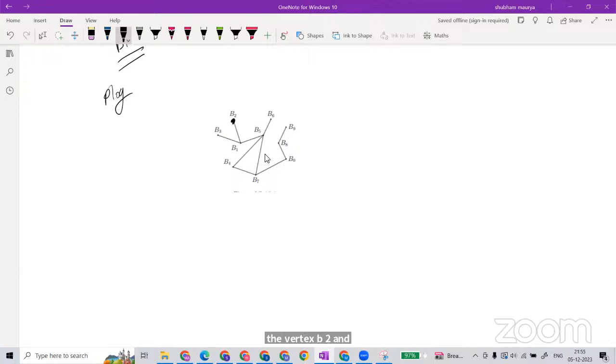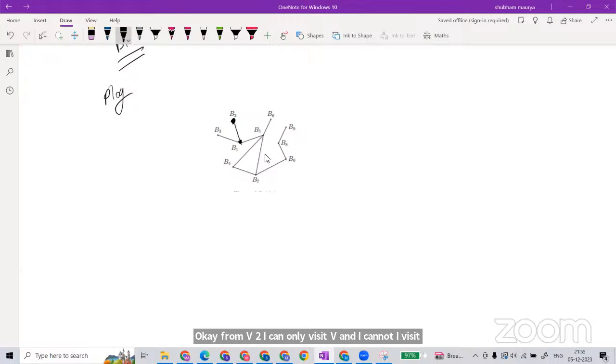So I started from the B2 starting point. From B2, is there any other vertex where we can go? That is called visit. From B2 I can visit only B1, I cannot visit other vertices.